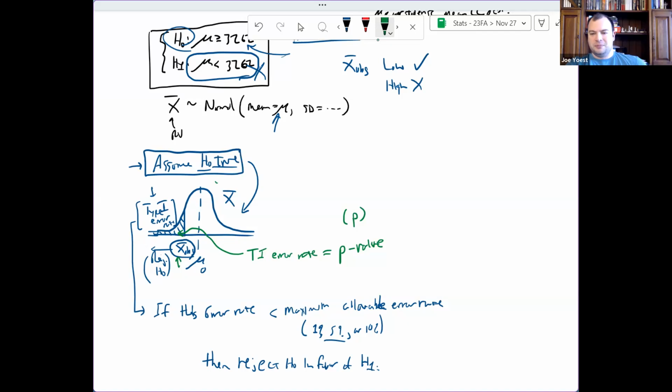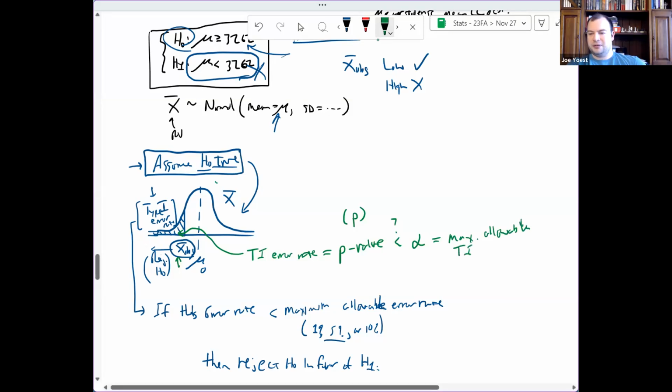And with this p-value, we ask, is it less than alpha, which is the maximum allowable type 1 error rate? So this is the big question.